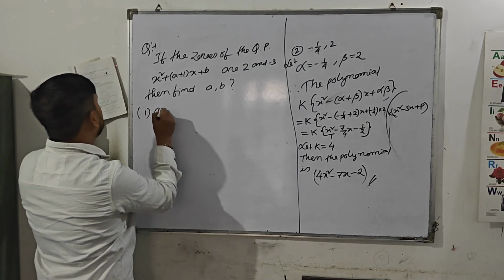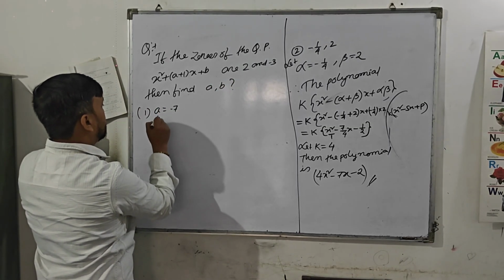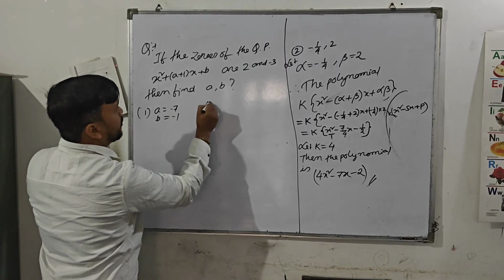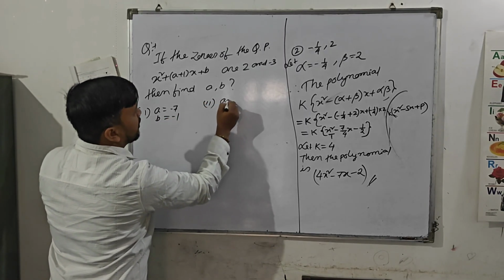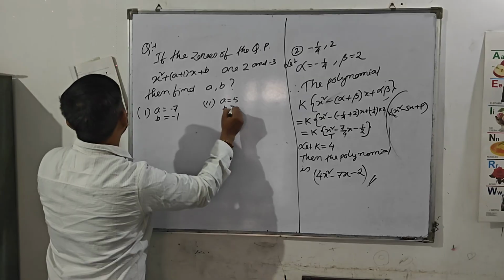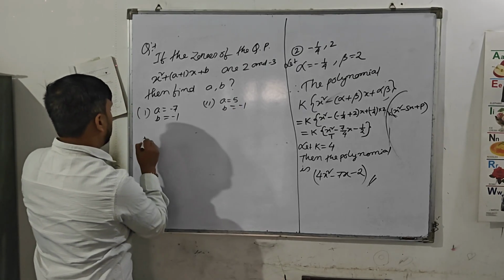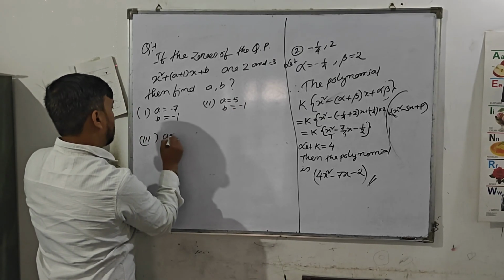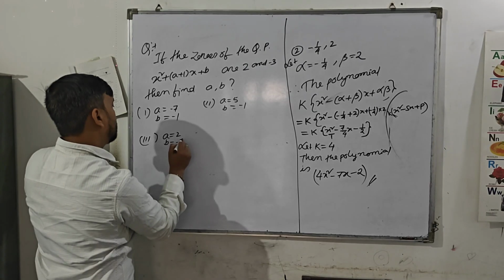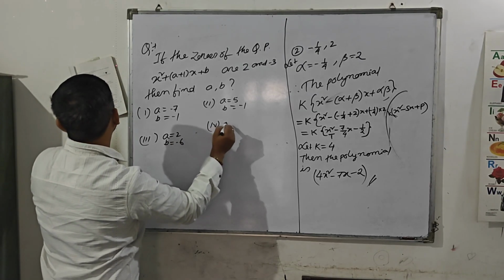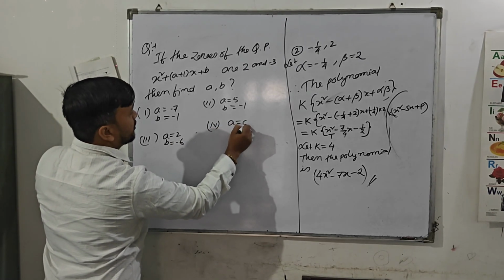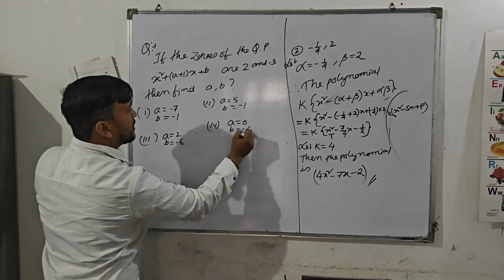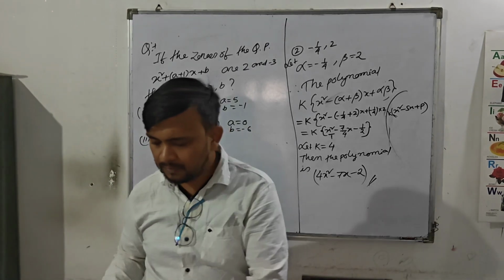Option 1: a equal to minus 7, b equal to minus 1. Option 2: a equal to 5, b equal to minus 1. Option 3: a equal to 2, b equal to minus 6. Option 4: a is equal to 0, b is equal to minus 6.